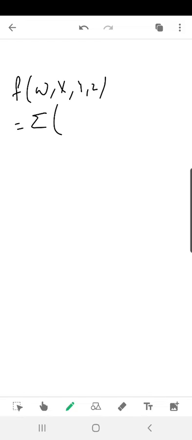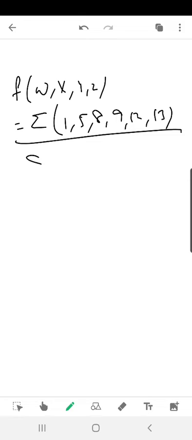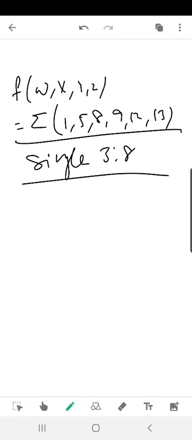The function is given as a function of W, X, Y, Z. It is given that this function is min term of 1, 5, 8, 9, 12 and 13. We have to implement this function using a single 3:8 decoder.